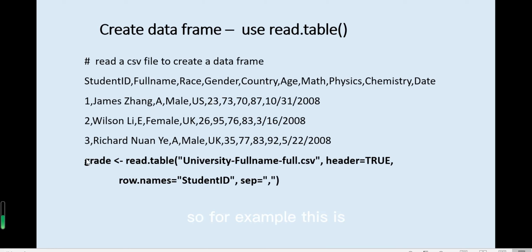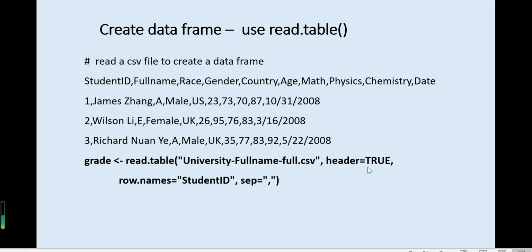For example, this is part of the original CSV file. You can use read.table on this file, and header is TRUE because we want to take the first row in the original file as the variable names in the resulting data frame.